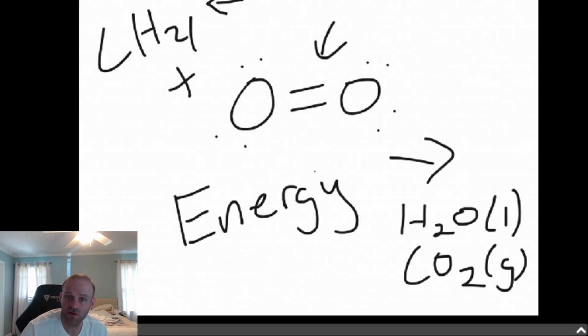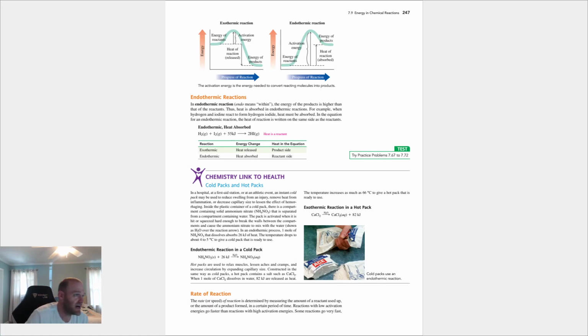Now this table on the top of 247 shows how a reaction occurs over time. I have to put more energy in. You'll see here the energy goes up until it reaches a certain point.